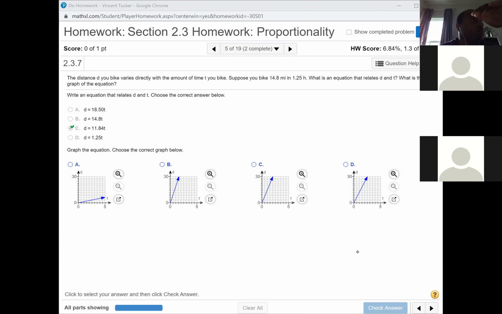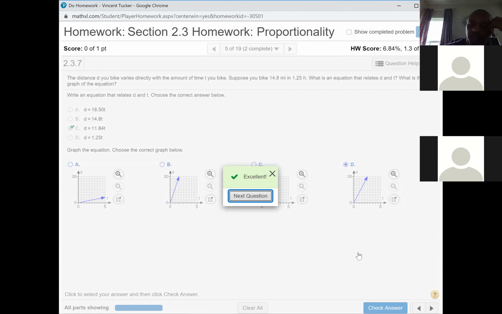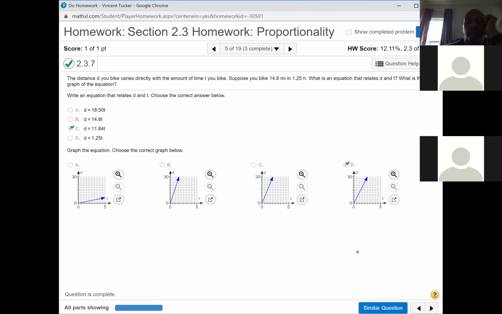So they're giving you what type of scale to use on your grid when you go to graph so that you will be able to see the graph the way they are showing it right there. So once again, your horizontal axis is going from 0 to 5. Your vertical is going from 0 to 30. All right. So I just guessed there. But yeah, you should have a graphing tool that can show you that.